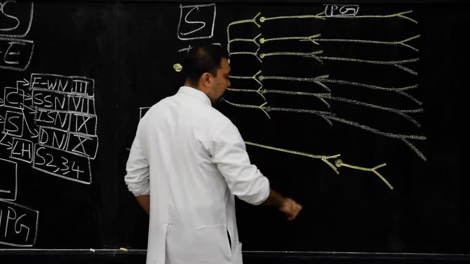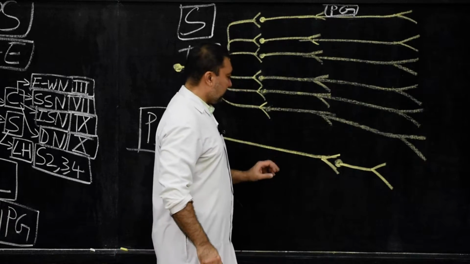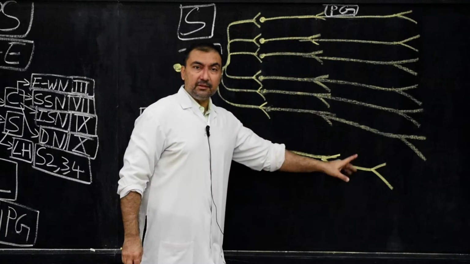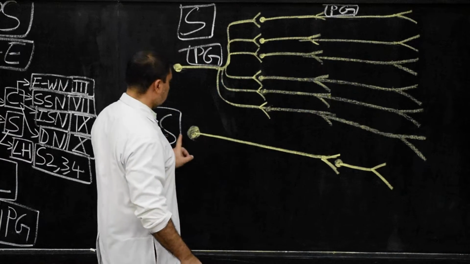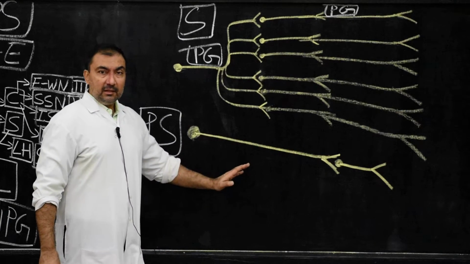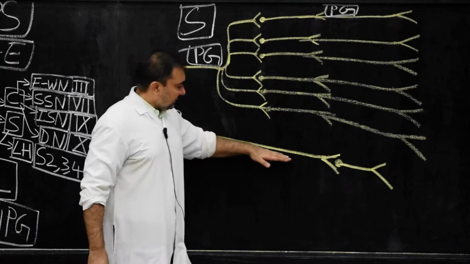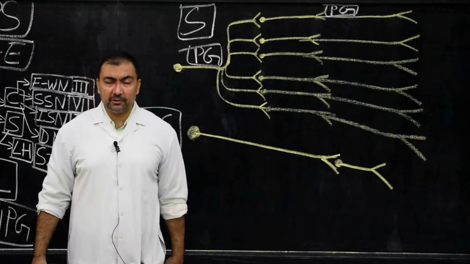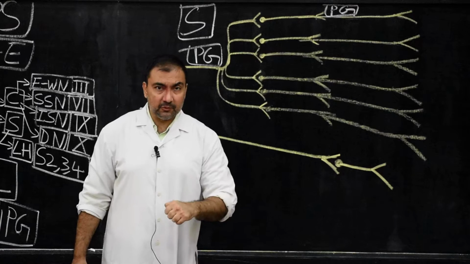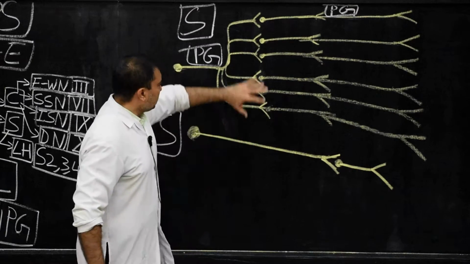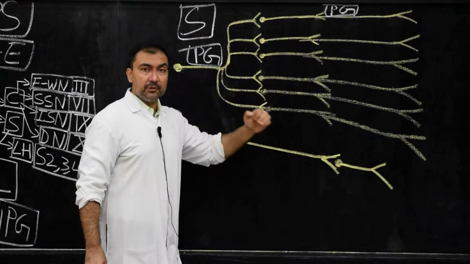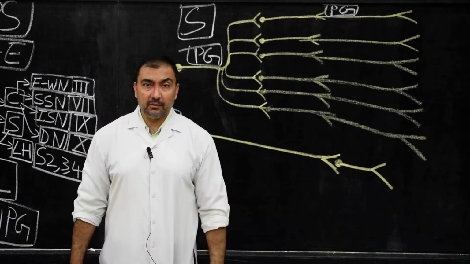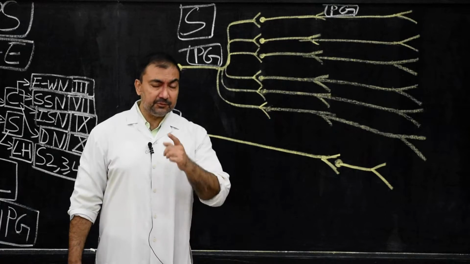The length of the postganglionic neuron is shorter than preganglionic, and one preganglionic will synapse with one postganglionic neuron. This is parasympathetic. Very simple. Now, as a result of this simple anatomy, on stimulation it will produce not a mass reaction like sympathetic, but a localized and acute reaction in the human body on stimulation. That is very important.